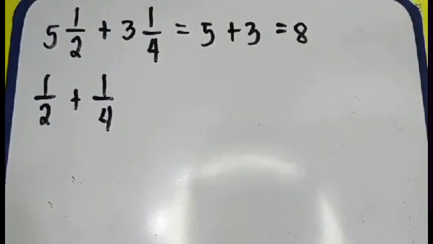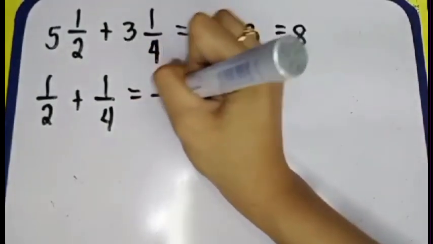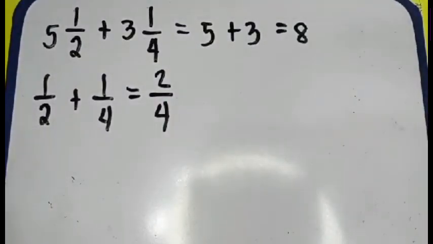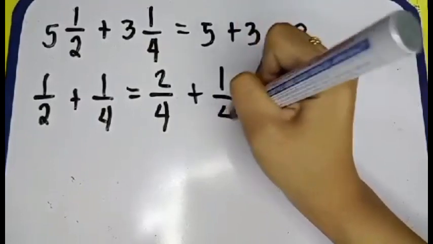They have unlike denominators, so let's first find the LCM of 2 and 4. And that will be 4. So, 1/2 we multiply by 2 and the answer is 2/4. While 1/4 we multiply by 1 and the answer is 1/4 also.